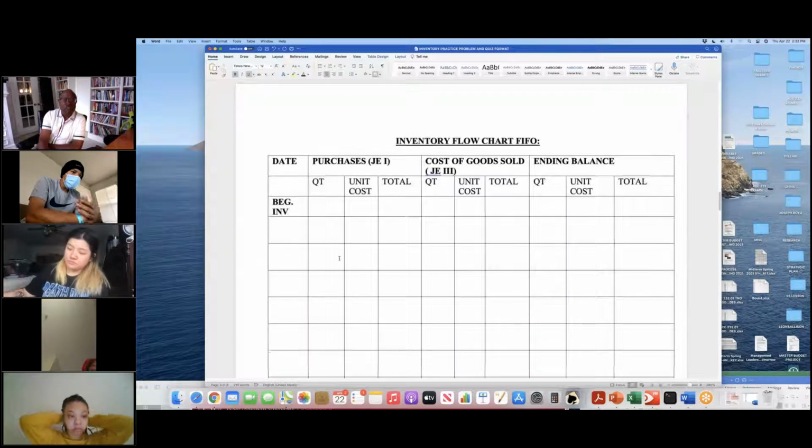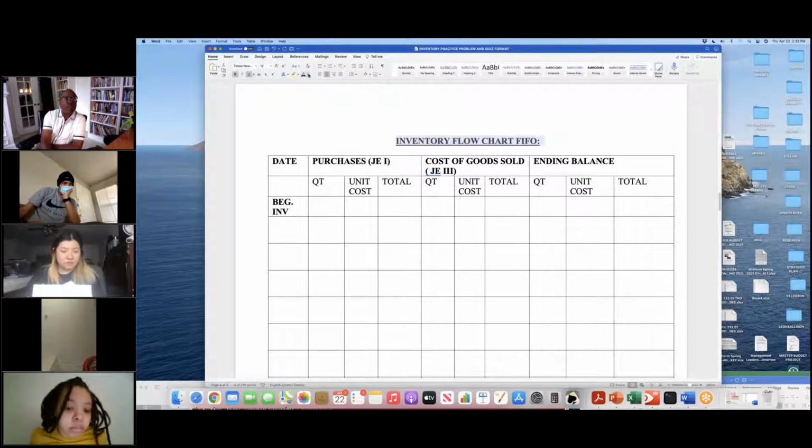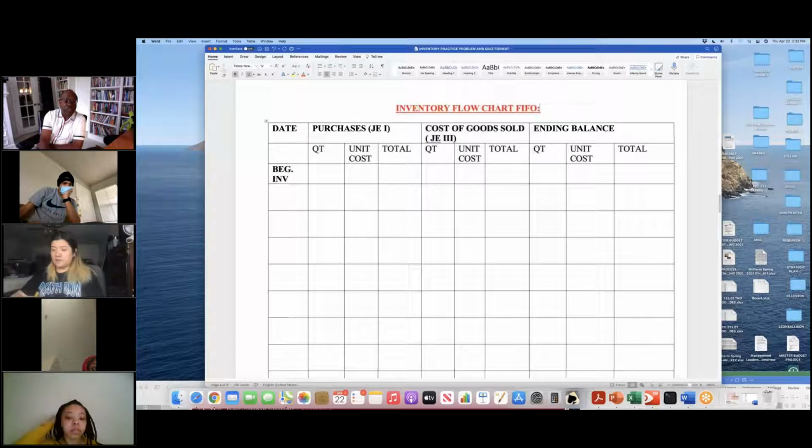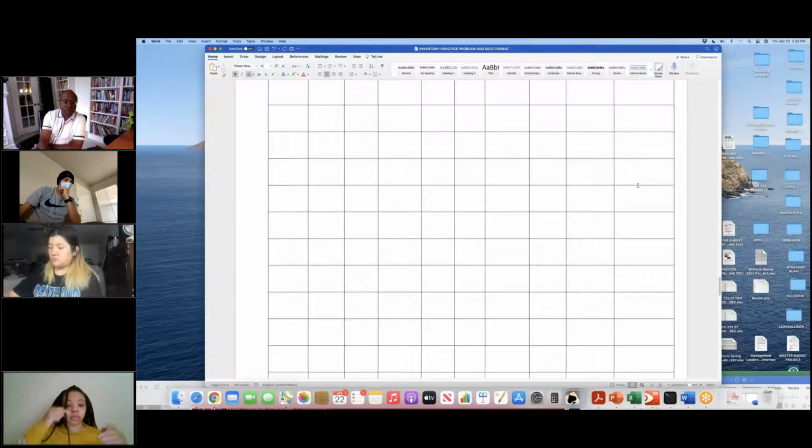Here's your inventory flow chart. We're only concerned about the FIFO chart today. We don't have to worry about anything else because there are other inventory charts in here.